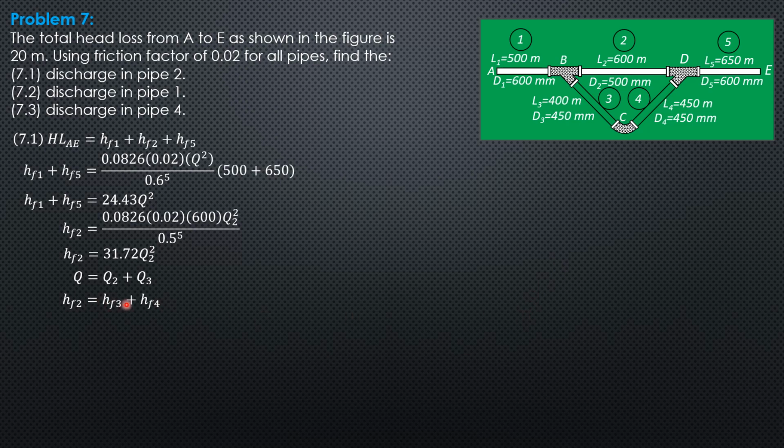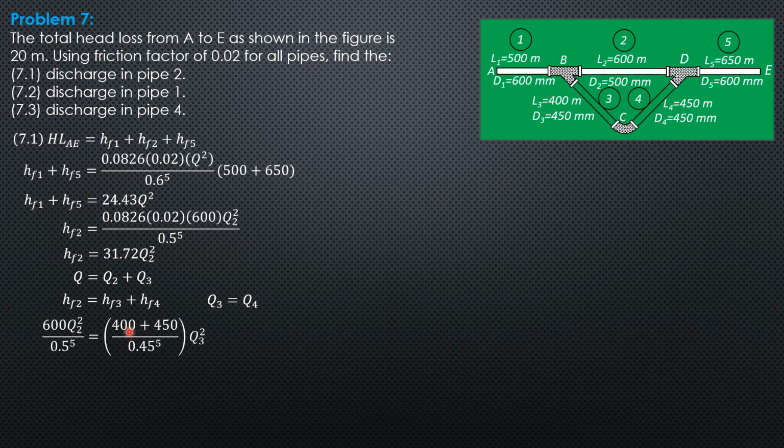In this equation, what is common is 0.0826 and 0.02. Common for HF3 and HF4 is Q3 because Q3 equals Q4. So we will not write 0.0826 and 0.02 anymore because they will cancel. Beginning with HF2, length, Q2 square over 0.5 raised to 5 equals length of pipe 3, 400, plus length of pipe 4, 450, the diameter is also common, 0.45 raised to 5, times Q3 square.